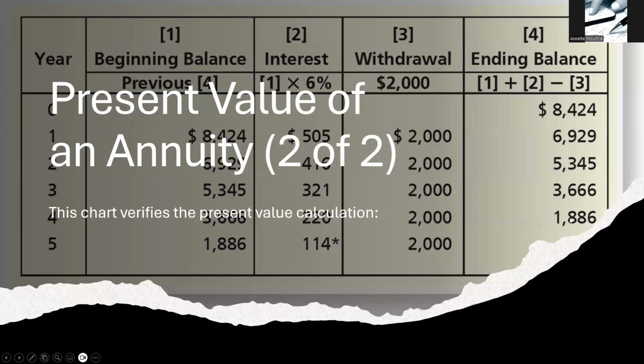Because here at year 5, you see that the ending balance is $1,886. But the beginning balance is the $1,886 plus the $114 interest, which will still give you that withdrawal of $2,000.